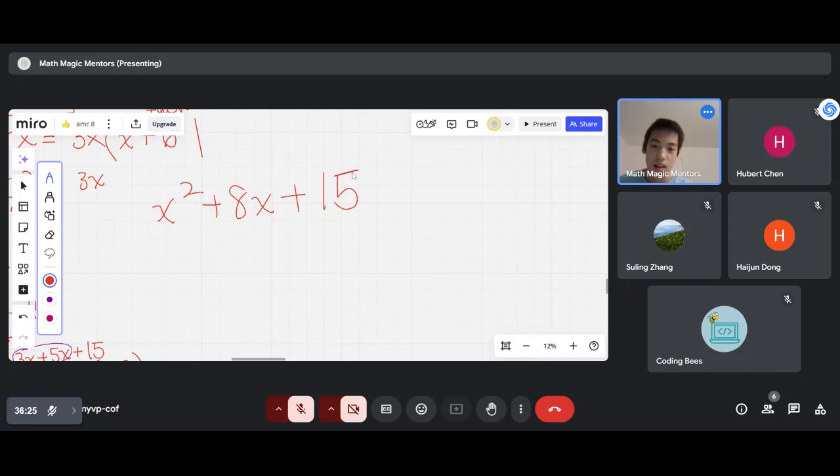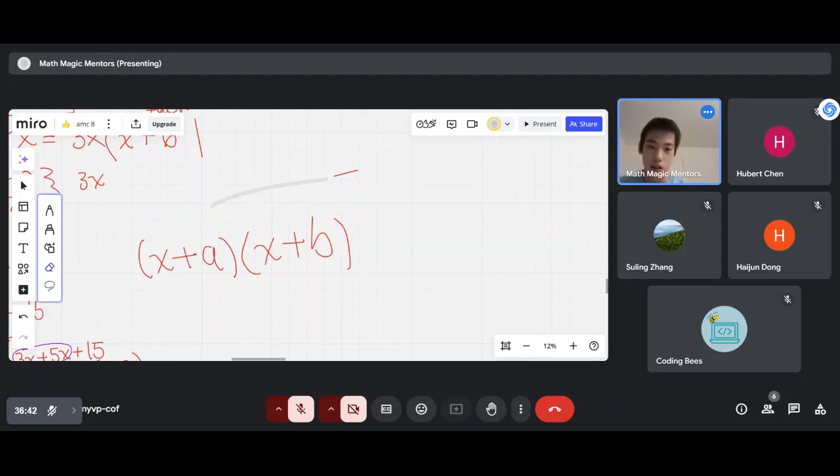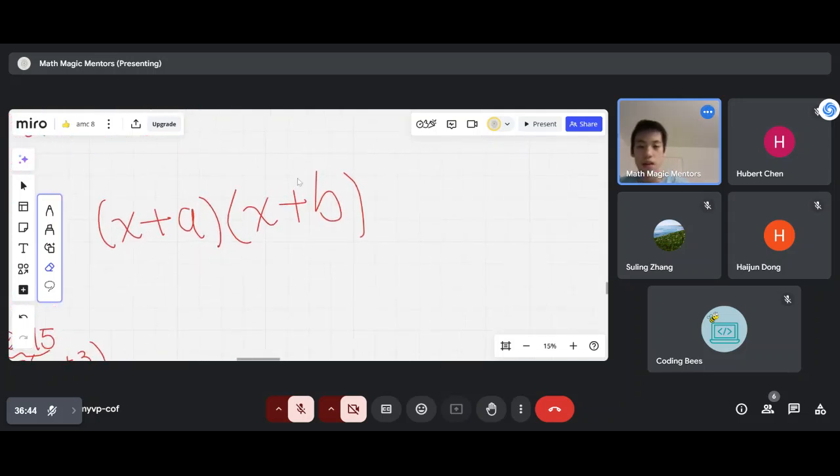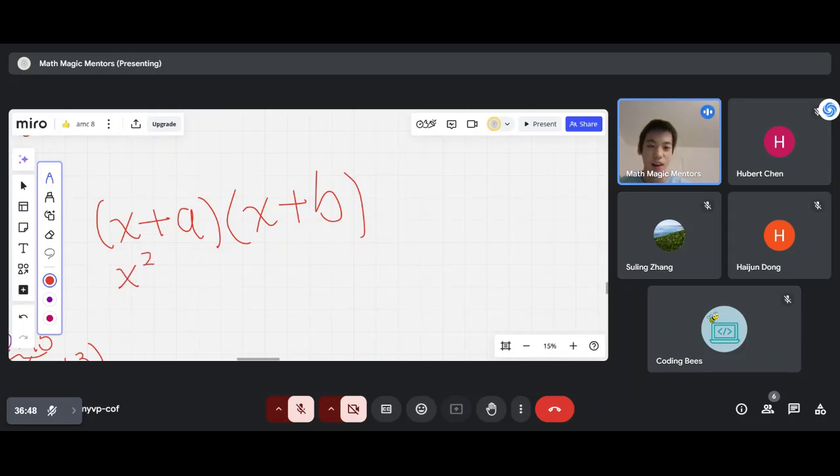So if you want to factor this, let's consider the general form of a factored quadratic. Rather than trying to factor this immediately, let's consider x plus a times x plus b. So let's distribute every term.